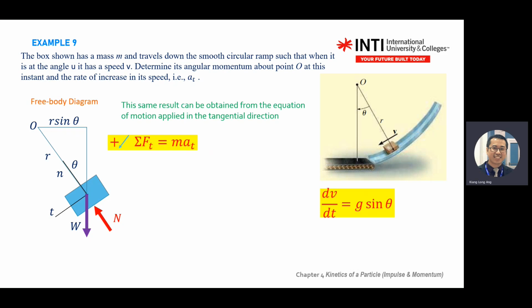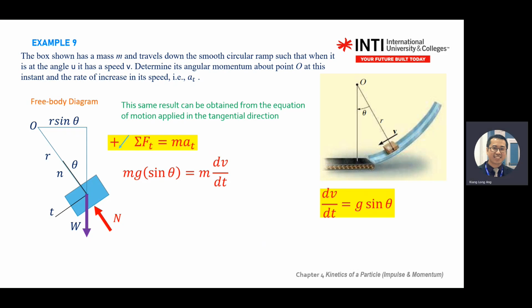Then you use chapter 2 collinear motion, F equal to ma, in this case tangent direction. Still the same, ma, you only see all the force in tangent direction only. Normal does not contribute to tangent direction.